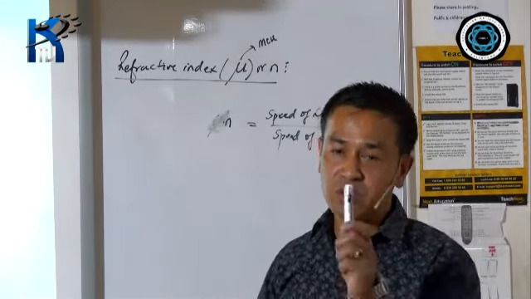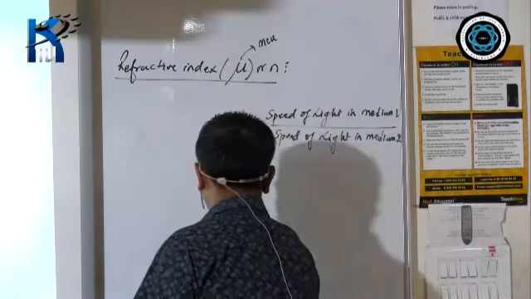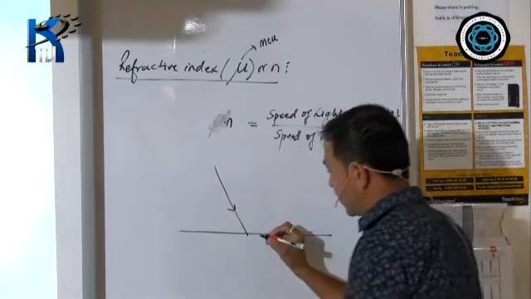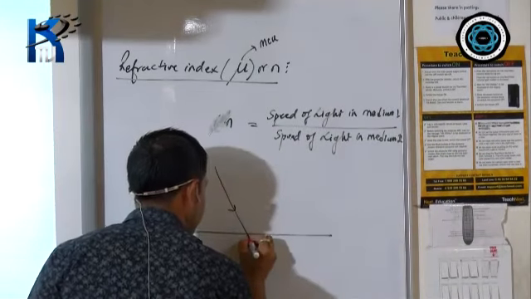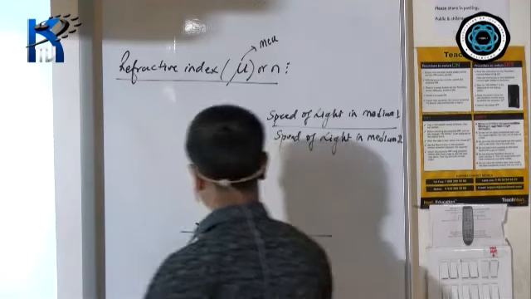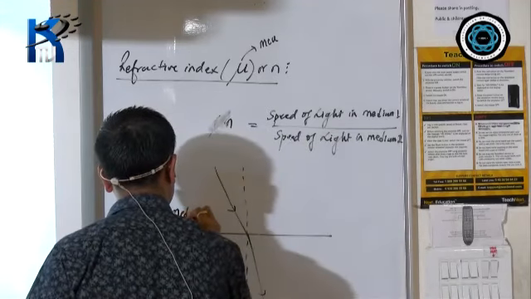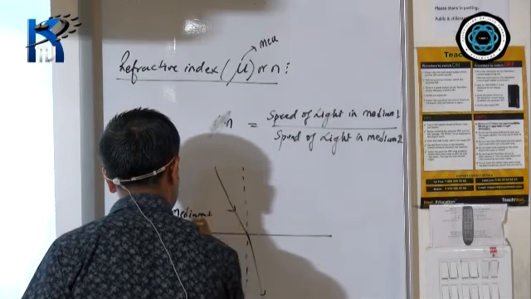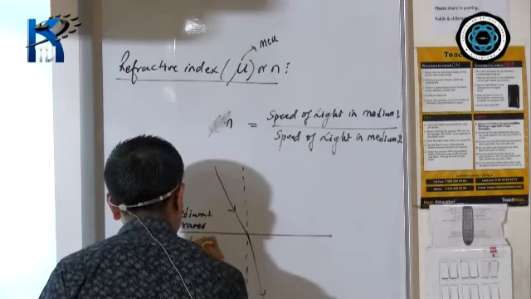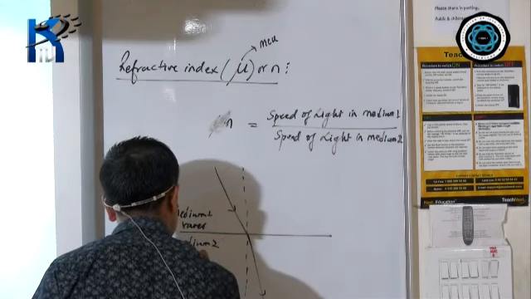Same plane. So for this particular part, let me show you again the diagram where the light passes from a rarer medium to a denser medium. Let me show you with the help of the diagram. Suppose this is medium 1, and this is the rarer medium, and this is medium 2, this is the denser medium.